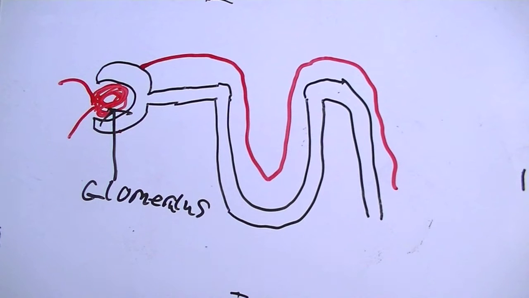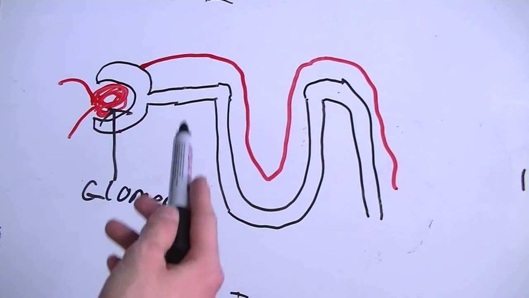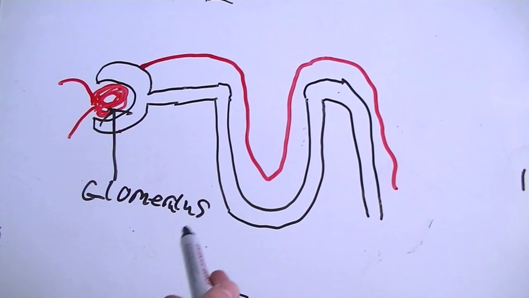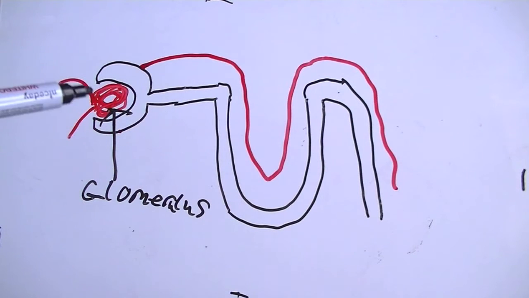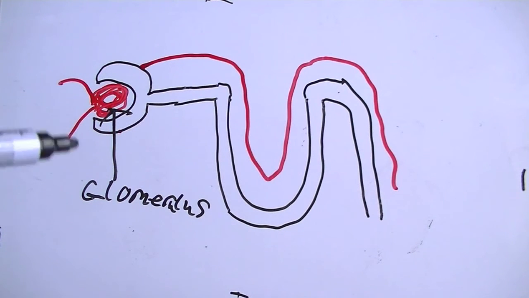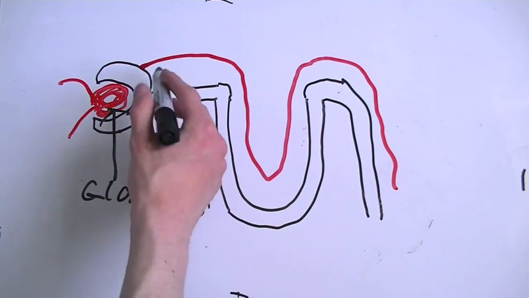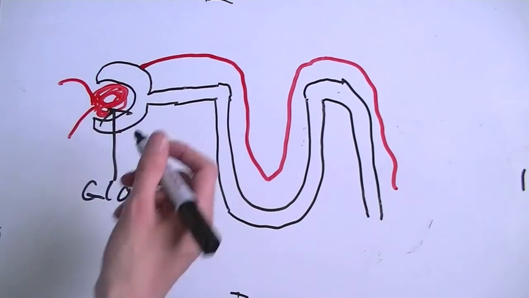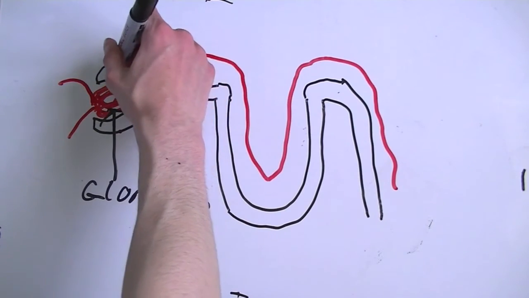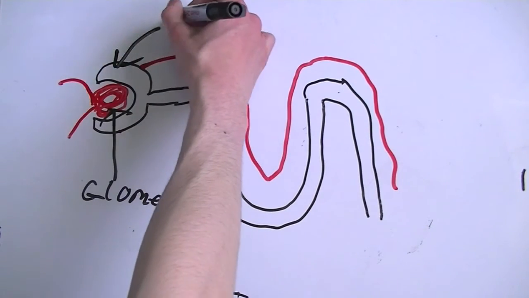Okay, so what happens at the glomerulus is everything apart from blood cells, basically the actual oxygen in the blood, and proteins filter into this nephron, through this glomerulus. And it filters into this Pac-Man-like structure, which is called the Bowman's capsule.